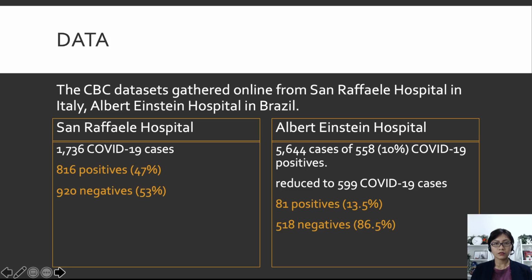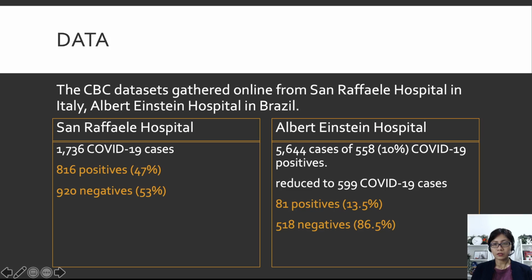This is the data that we used. The CBC datasets gathered online from San Rafael Hospital in Italy and Albert Einstein Hospital in Brazil. From San Rafael Hospital, we have 1,736 COVID-19 cases with 816 positives and 920 negatives.